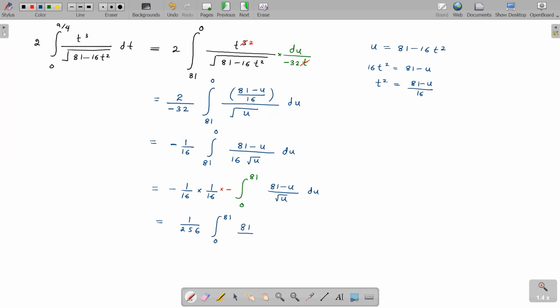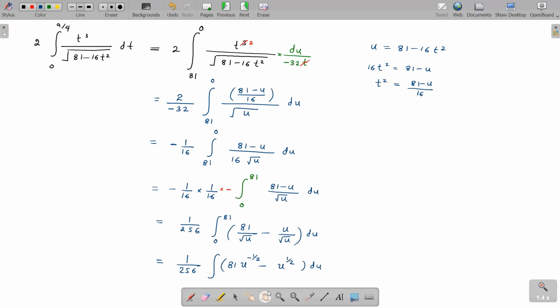So I get 81 over root u, that is basically u to the power half, minus u over root u, du. Then I get 1 over 256 times 81 u to the power minus half, minus u divided by root u, which gives u to the power 1 divided by u to the power half. Subtract the powers and you get u to the power plus half.